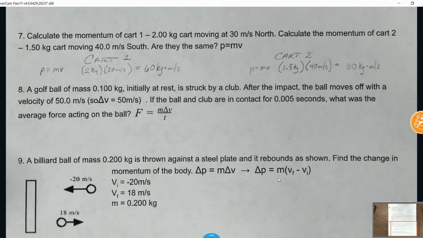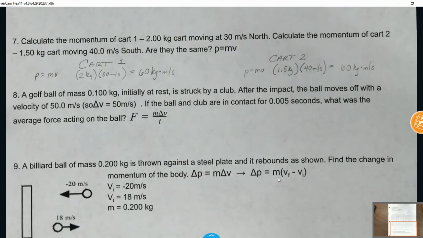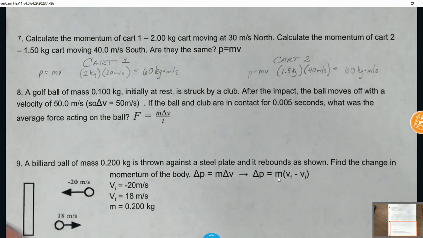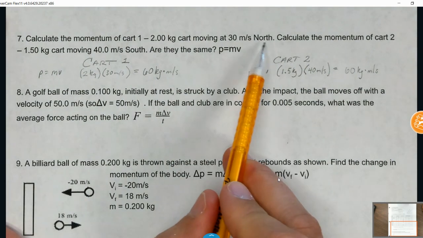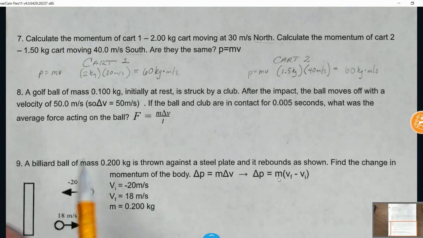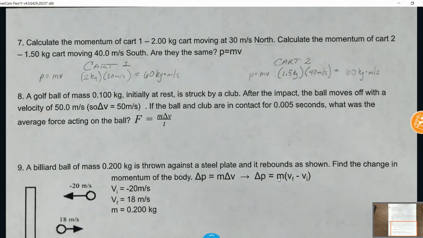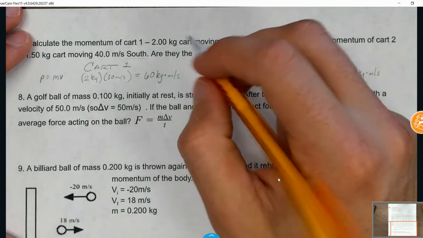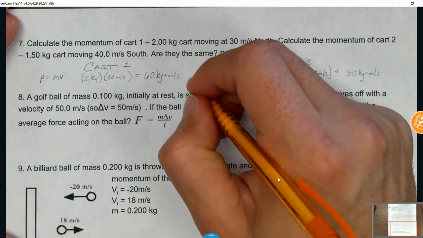Yeah. Same magnitude. Just re-look at the quick parts of this. One is going north and one is going south. So because it's technically a vector quantity, if we want to say one's negative because it's going to the left, one's positive because it's going to the right, that will matter when we get into collisions. All right, so the first one was north.